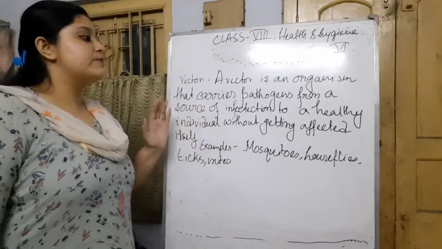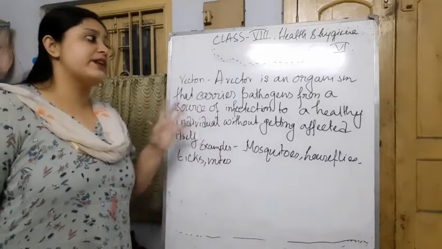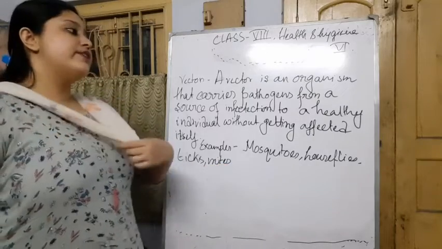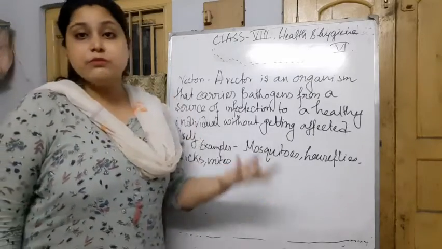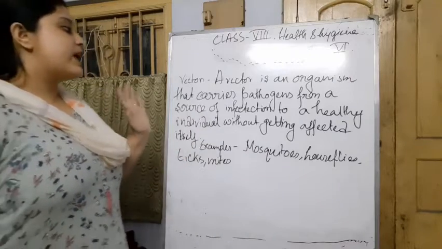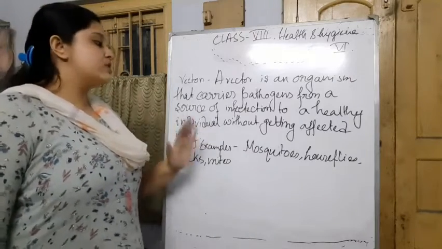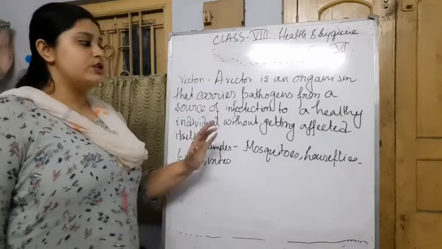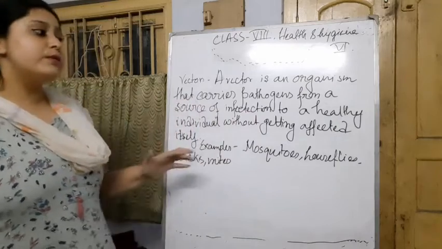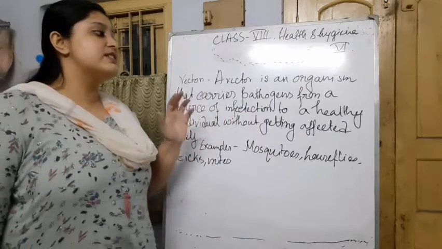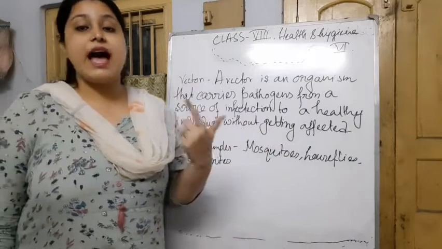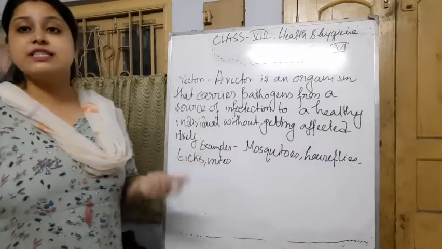How can it carry these pathogens? It can carry them from one infected person to another. It can also carry them from an infected animal to a human or to another animal. It carries these pathogens from the source of infection to a healthy individual and makes that person affected by the disease.